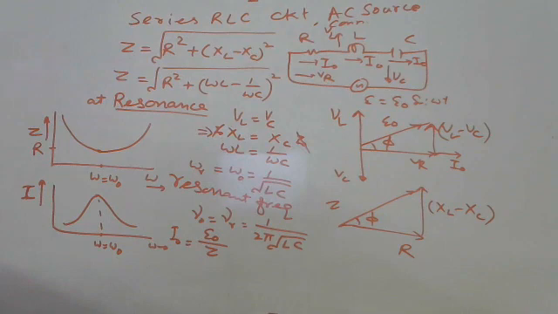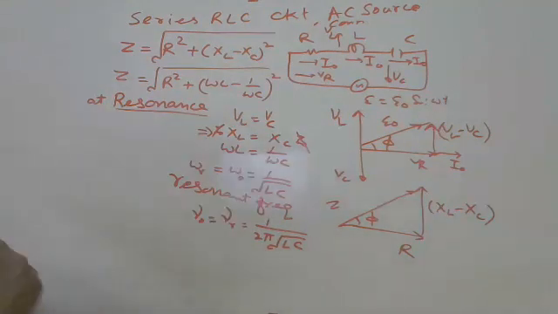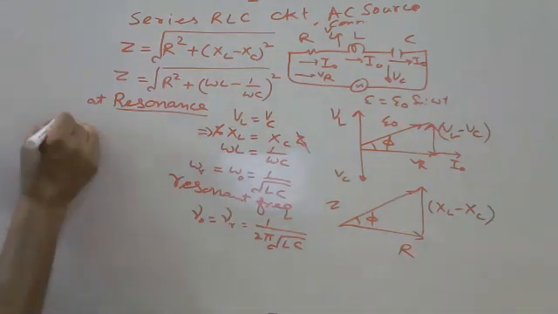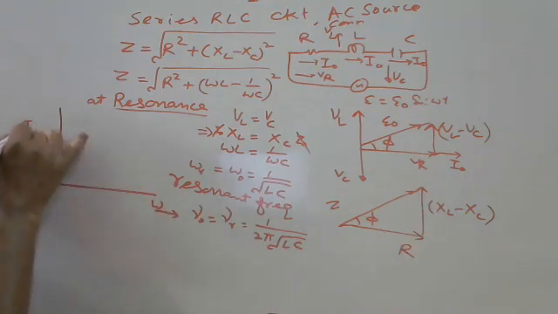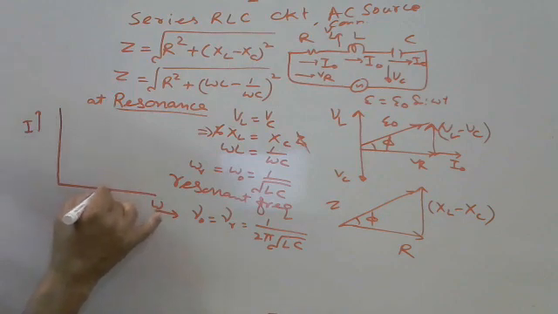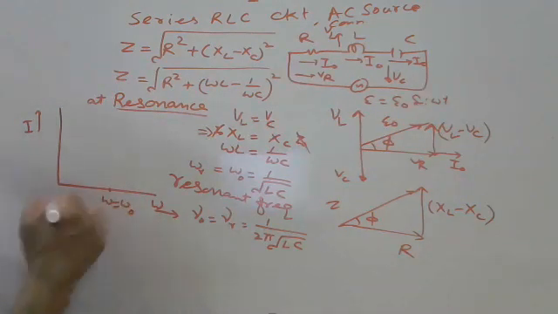Now, discussion of this current. We are discussing here this part. See, omega versus this current. At resonance, omega is equal to omega naught.